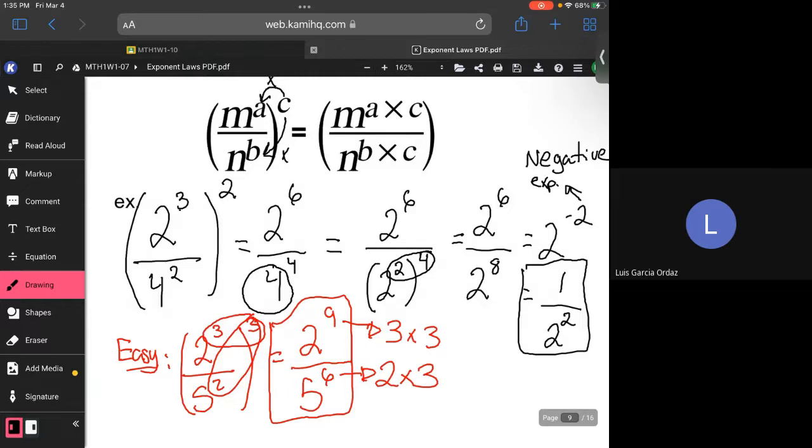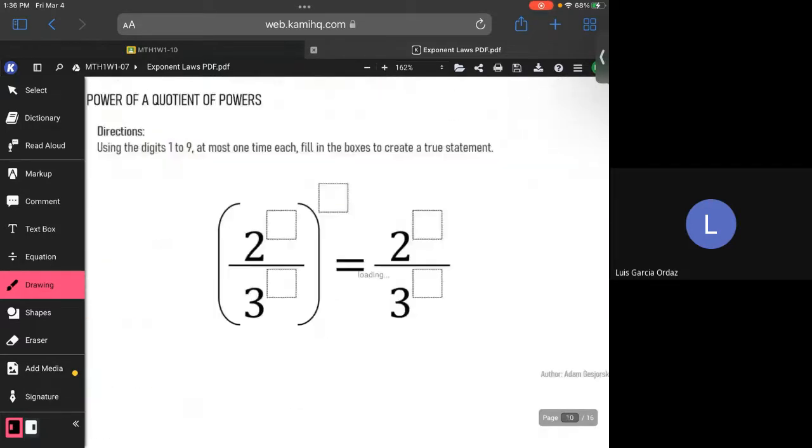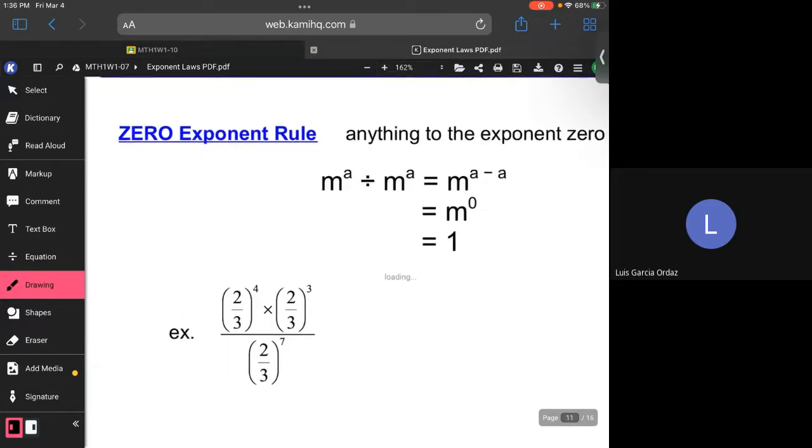Yeah. And that's when we get to negative exponents. So if you continue the pattern, think why negative exponents exist. When anything is the exponent of 0, it equals 1, because you're dividing the number by itself. So the 0 exponent helps us explain negative exponents.